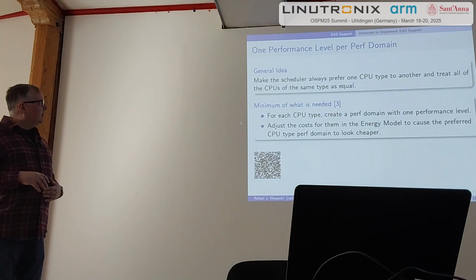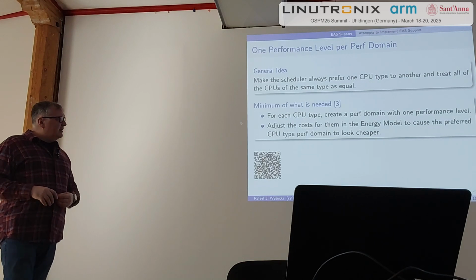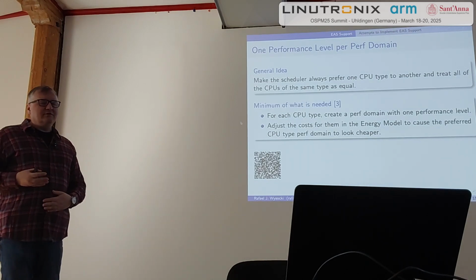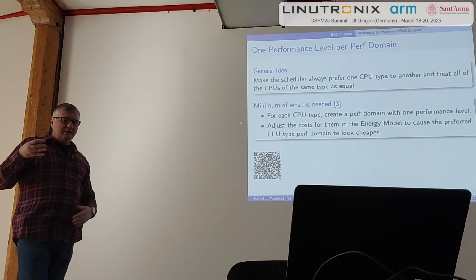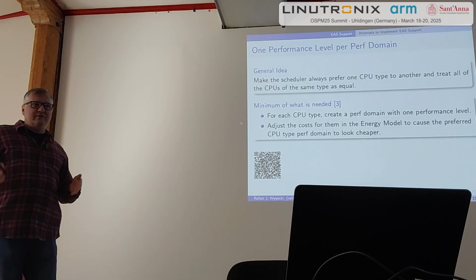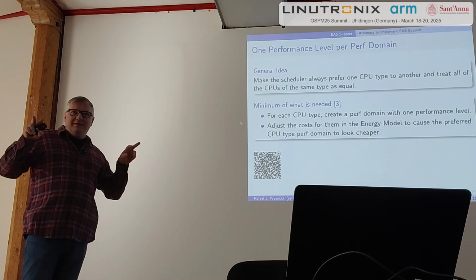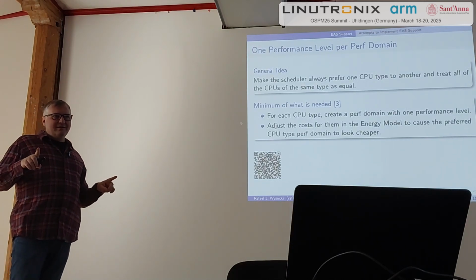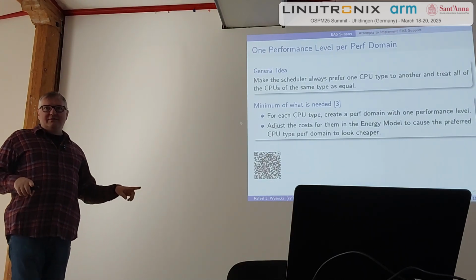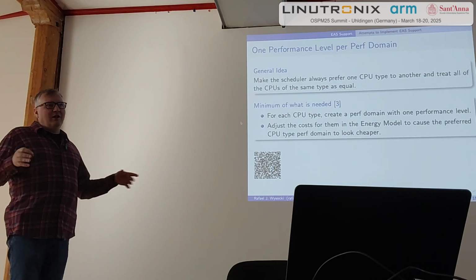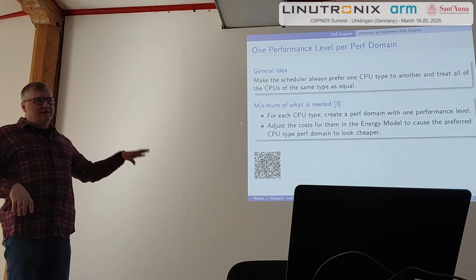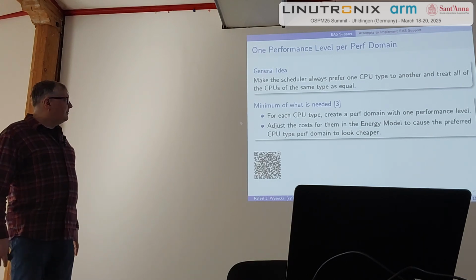Okay, so the simplest thing that came to my mind was to just create a perf domain per CPU type with just one OPP, and that OPP will just represent the cost of running on either small or big CPU, depending, and put all the small cores into one domain, all the big cores into the other domain. Off you go.